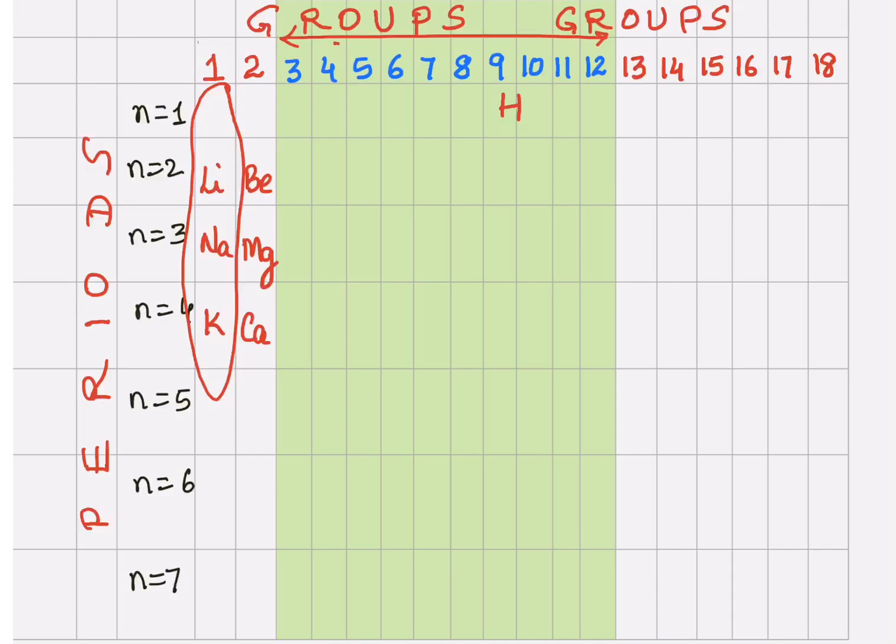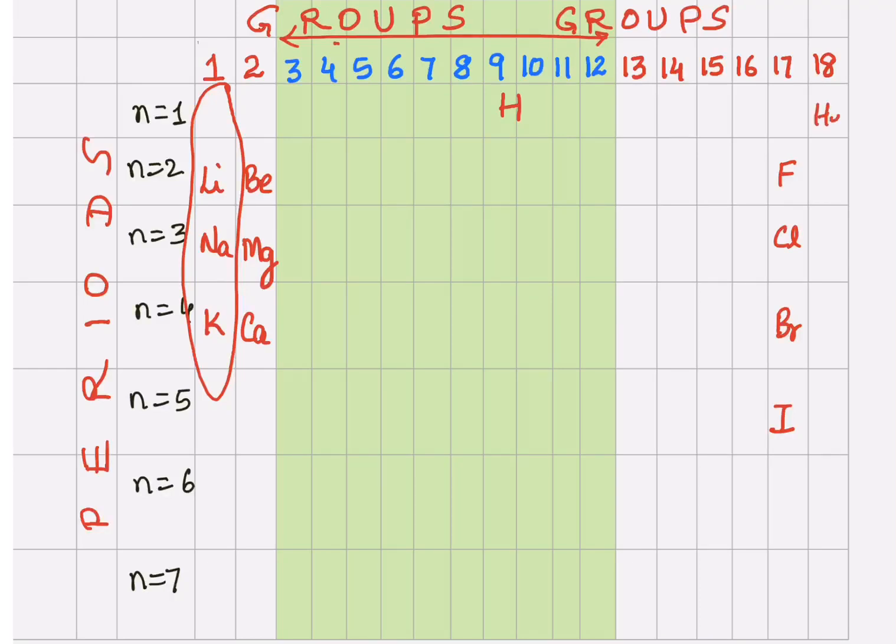Did I use a new word? Yes, I used halogen. What are these halogens? So what we've got here is fluorine, chlorine, bromine, iodine. These are all salt formers, and they are named as halogens.